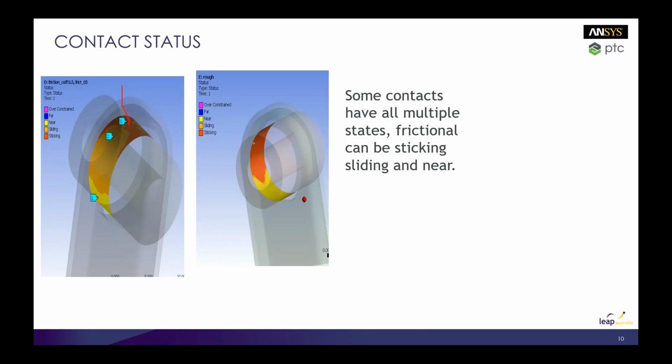With a rough contact, at the top where it's touching, because we've essentially got an infinite friction coefficient, the parts can't slide relative to one another, so it's in the sticking condition. Then it transitions to a near contact where we've got the gap.